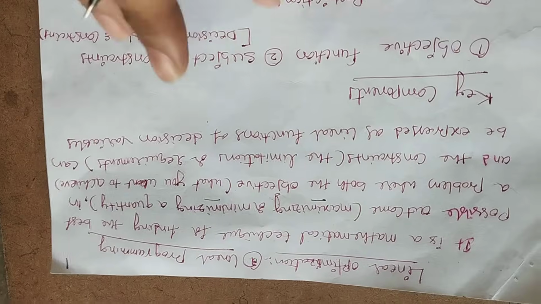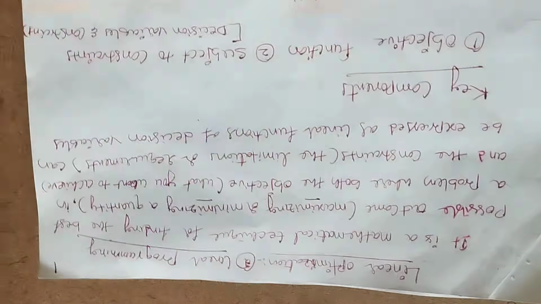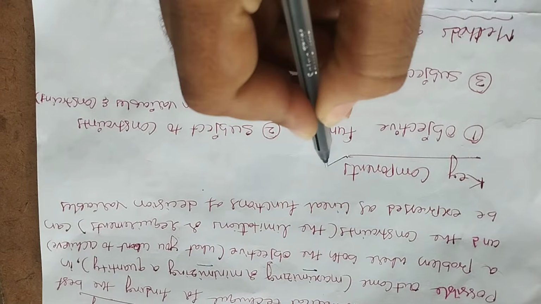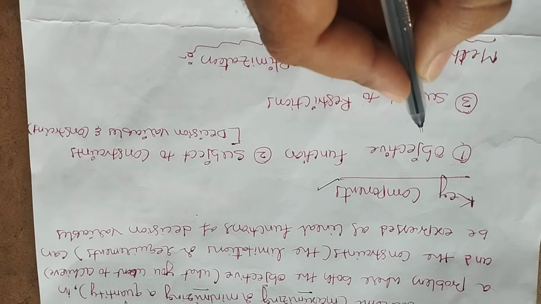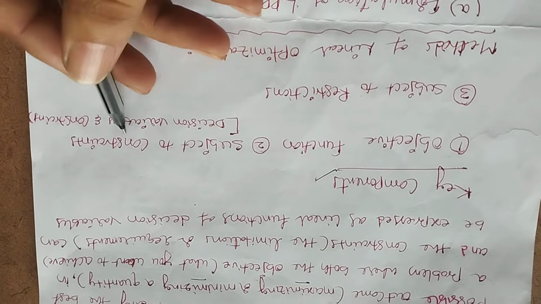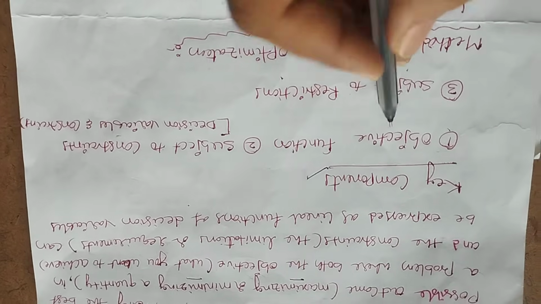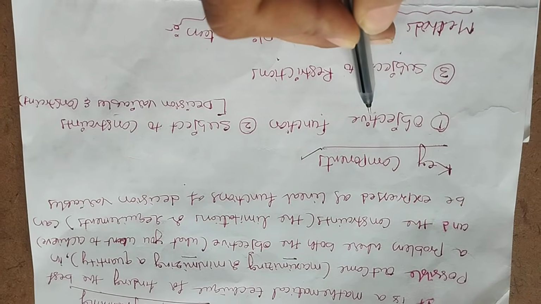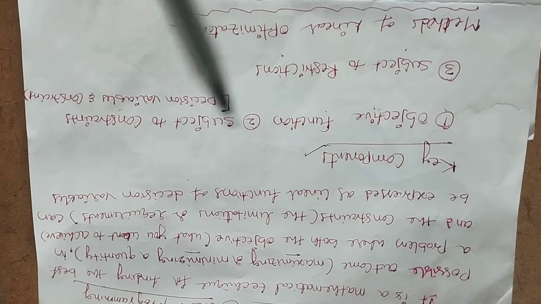Linear programming has three important components: the objective function, subject to constraints, and subject to restrictions. Objective function means the linear programming problem has some objective, that is, minimization of expenditure or maximizing the profit.